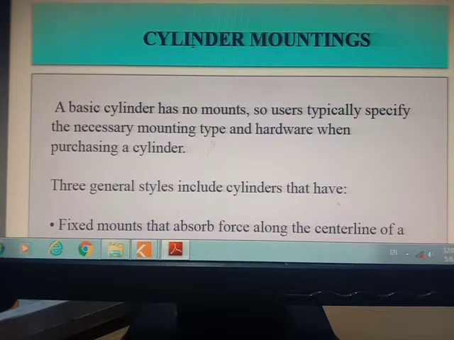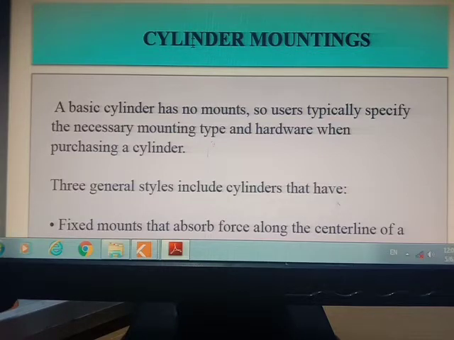So a basic cylinder has no mounts. Users typically specify the necessary mounting type and hardware when purchasing a cylinder. It means when I purchase the hydraulic cylinder, I have to mention what type of mounting arrangement I want, because where I want to fix that hydraulic cylinder, how I want to fix it, what will be the position of the cylinder, and which end has to be fixed permanently.